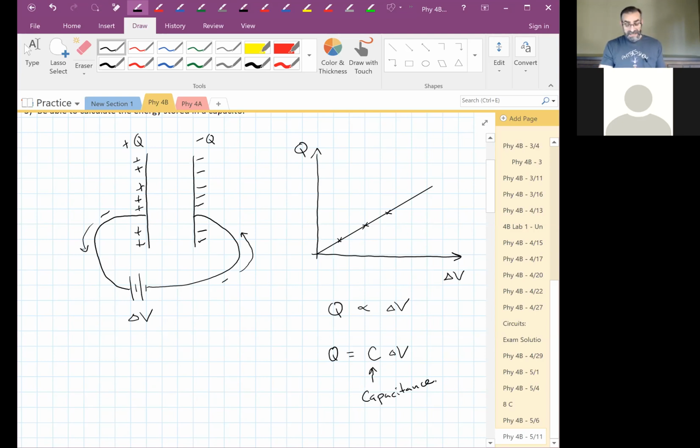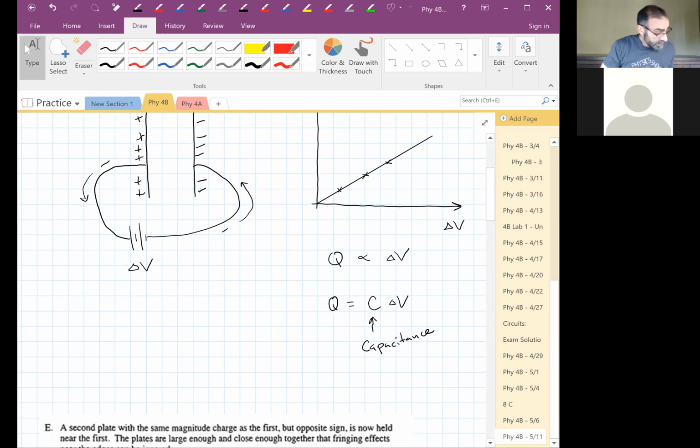And what does it depend on? It depends on the physical properties of the capacitor, right? The size of the plates, how close they are together, things like that, the shape of the plates, right? Is it a parallel plate? Is it spherical? Is it cylindrical? Those kinds of things.